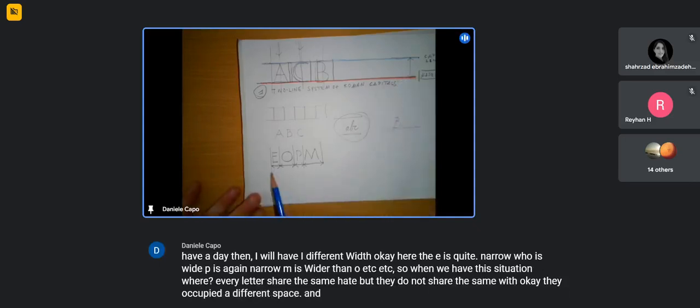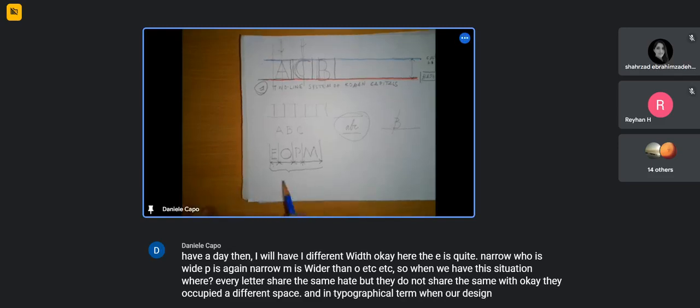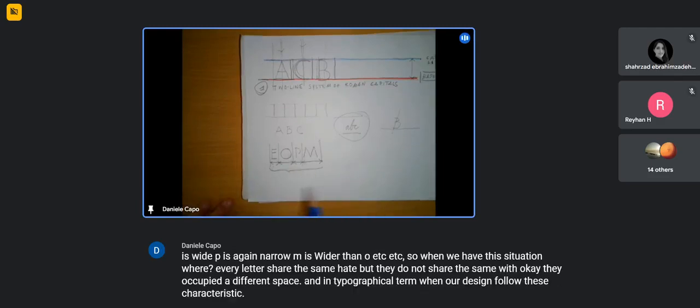And in typographical terms, when our design follows this characteristic, we call this proportional.